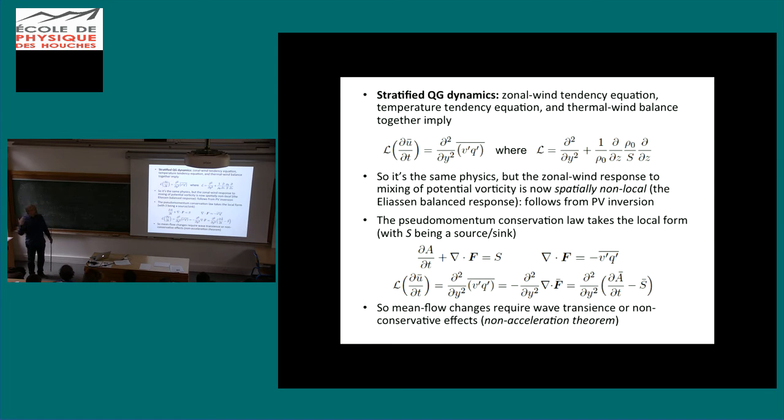Of course, the simplest way to do this is to solve the PV equation and then just invert PV, and you get the same answer. So it really follows from potential vorticity inversion, the fact that all the fields are slave to the PV.